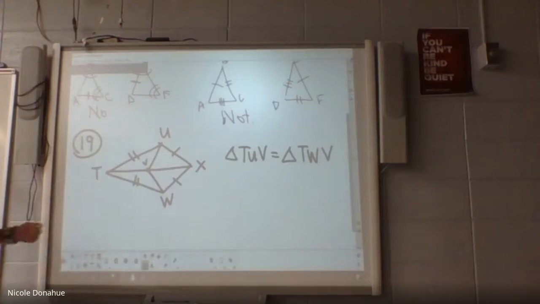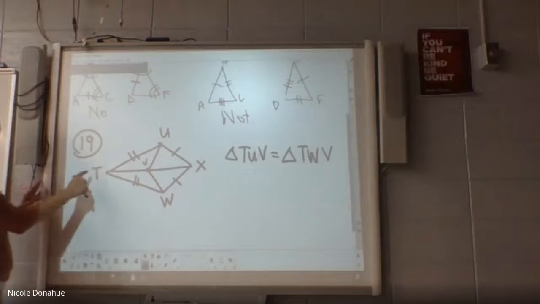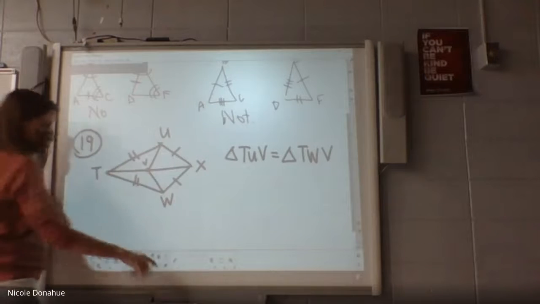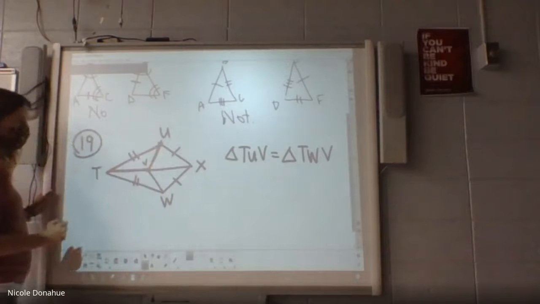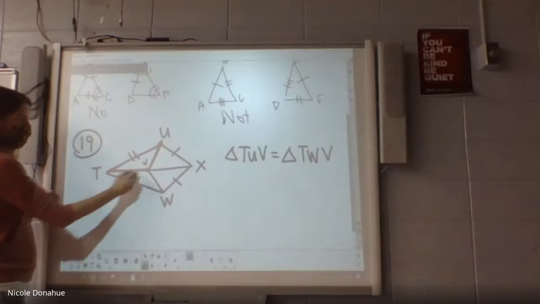So they want TUV, this triangle, being congruent to this one.